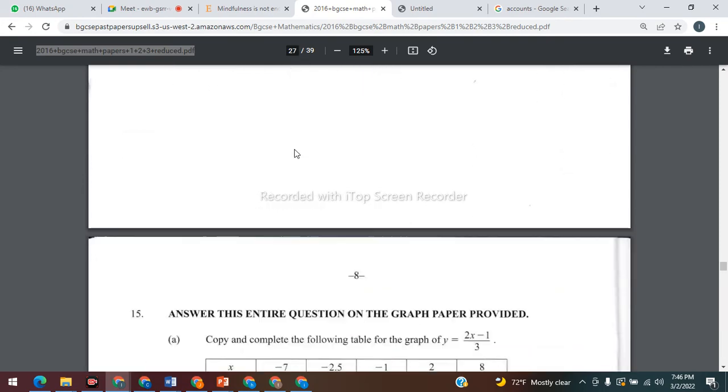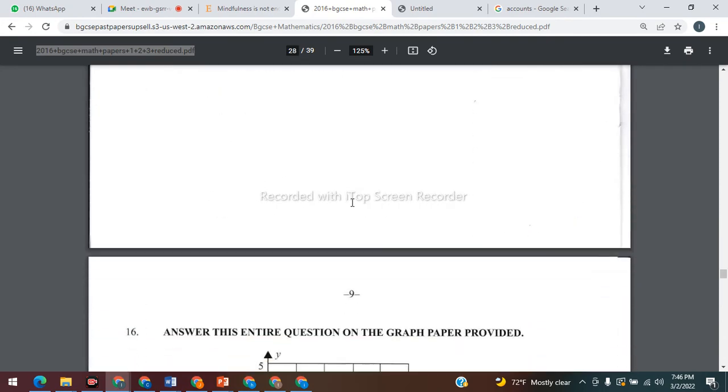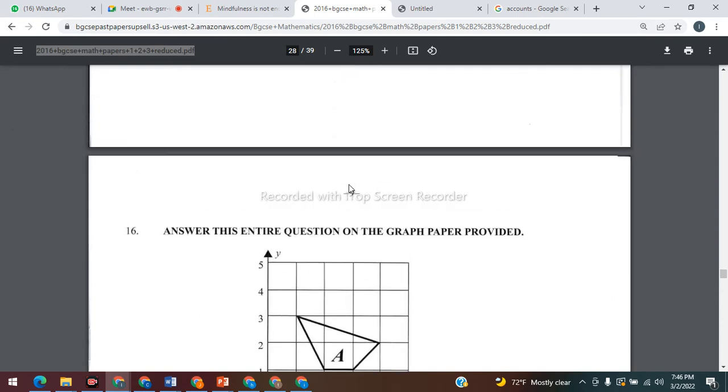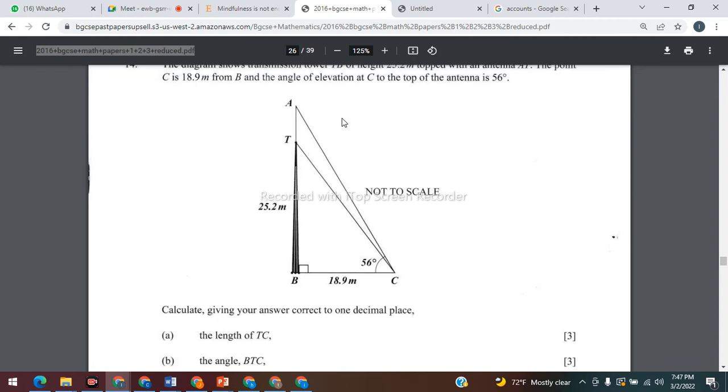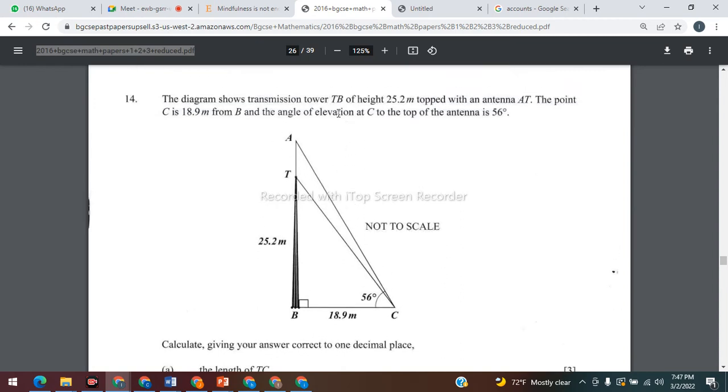Now I think we could move on because we already finished this one. We skip the transformation for now. This one is very, very important, and it's important that you understand how to do these types of questions.